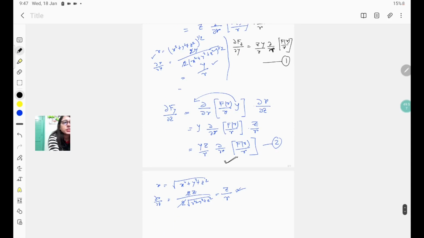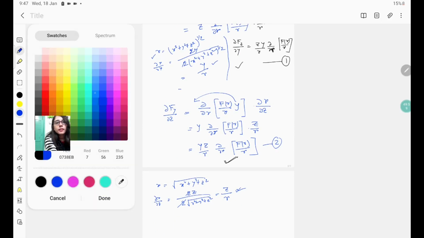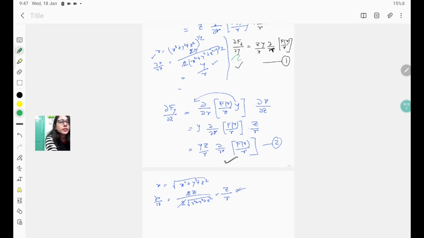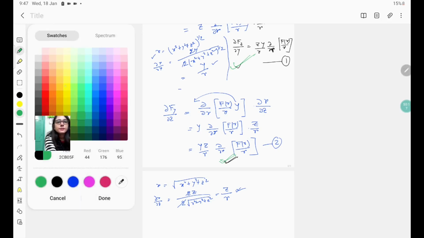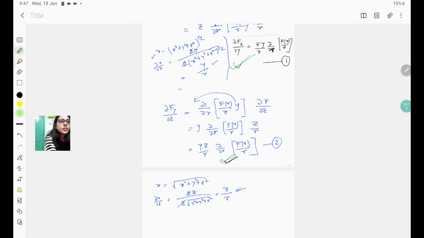Now from the equation 1 and 2, this one is 1 and this one is 2. From the equation 1 and 2 you can clearly see that these two values are exactly the same, right? This del fz by del y, and this del fy by del z, the equation number 2, and equation number 1 are basically exactly the same.